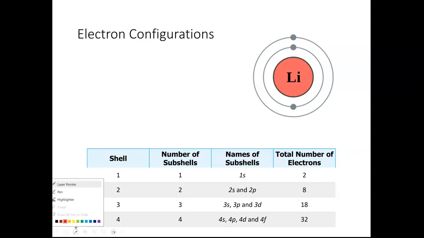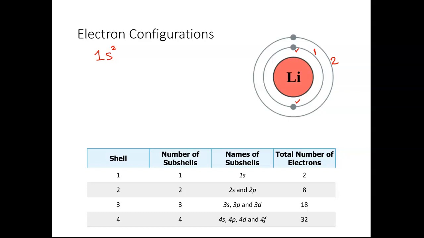If we look at our picture here, we could label this as the 1, and this one is 2. In the 1 shell, there's only one subshell, and its name is 1s. So we would write 1s, and it can have exactly 2 electrons, so we put a 2. That takes care of this electron and this electron.